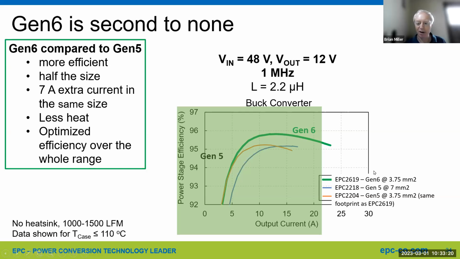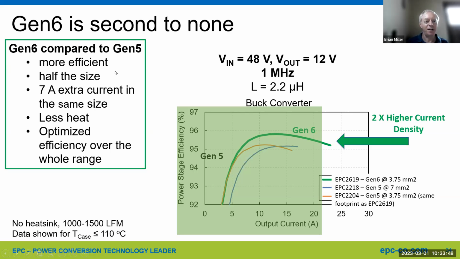Here's a little summary over here. The top line, the big green, shows that you have a small package. What it doesn't show is that you have, again, basically the same switching loss and better overall RDS on loss, both together.